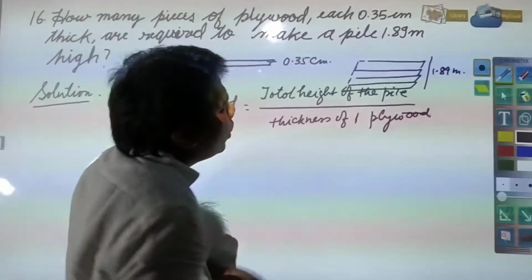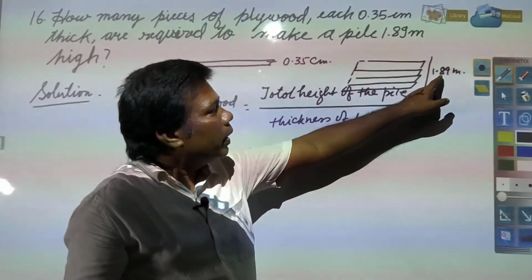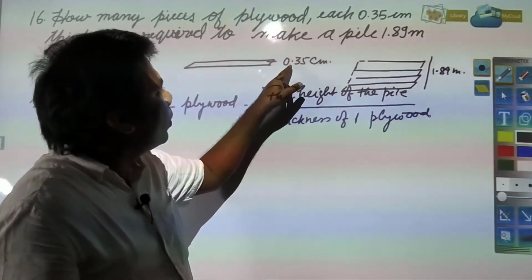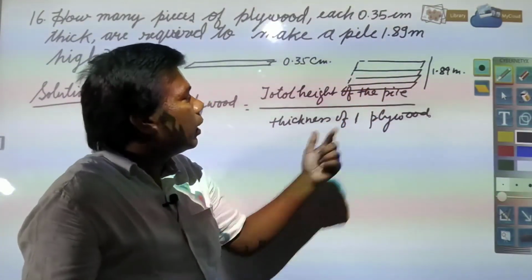Here you see total height you have 1.89 meter, and thickness of one sheet you know 0.35 centimeter. So that is required to be divided.